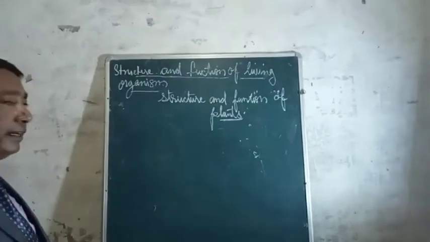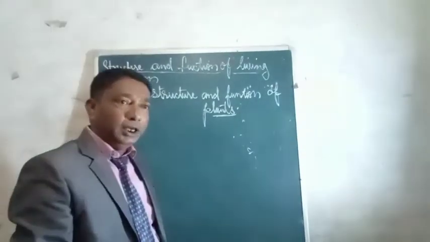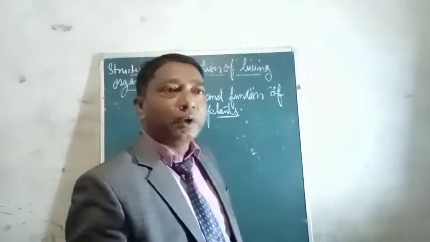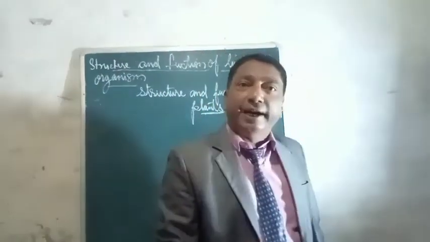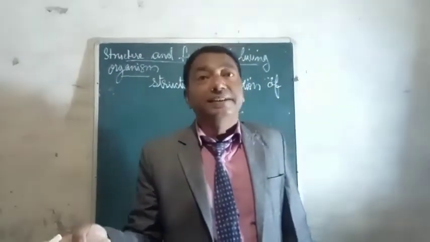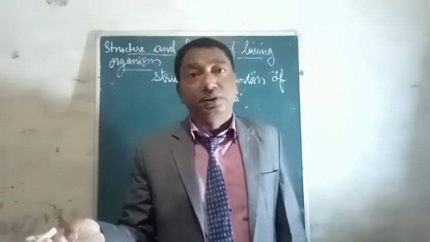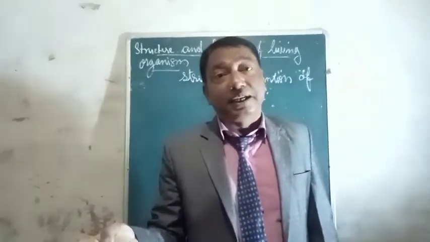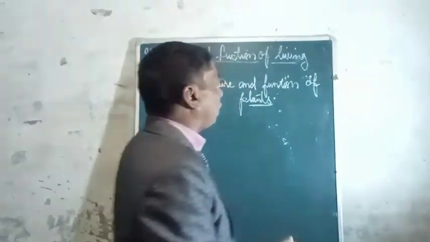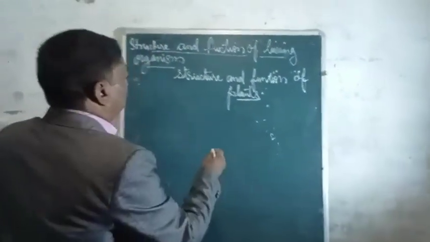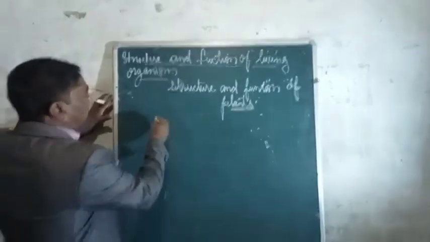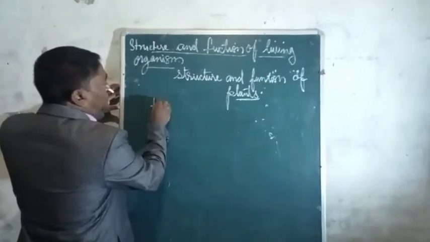There are different types of plants present in this world: trees, herbs, shrubs, creepers, climbers. We are going to talk about the classification of plants, and first we are going to talk about trees.